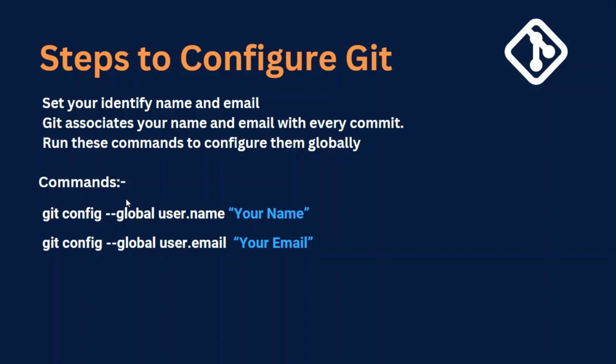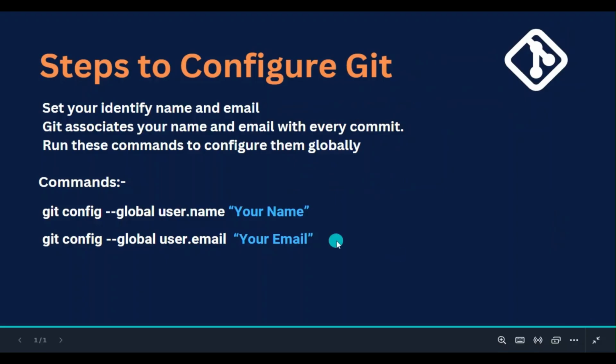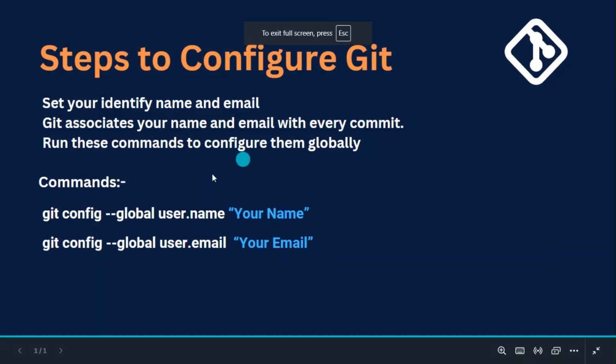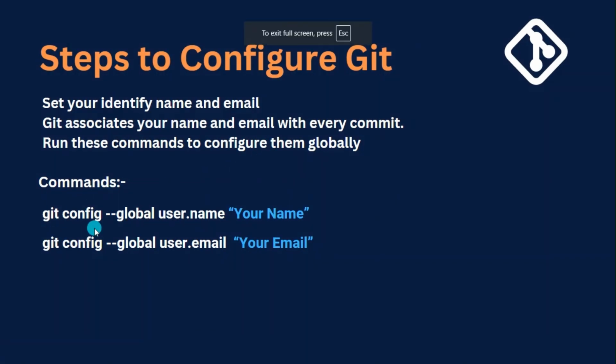After committing the code, the log will show your author name, which is your name and your email ID. That is the purpose we use it for. Now I will show you these commands in practice.